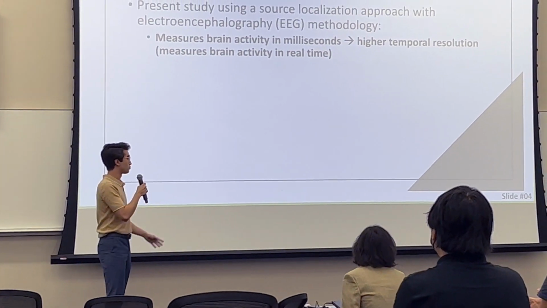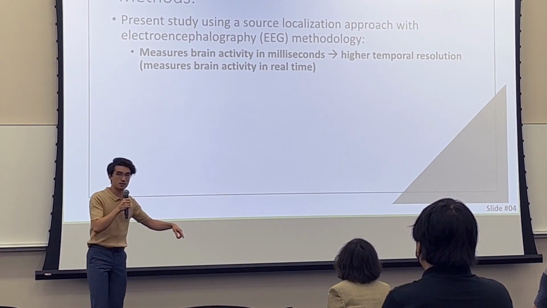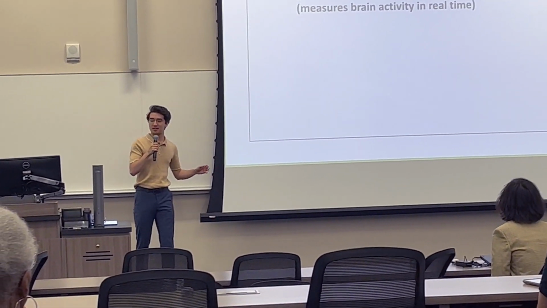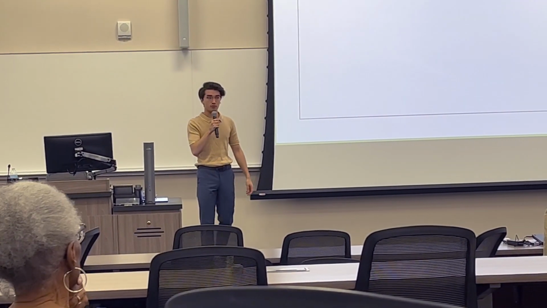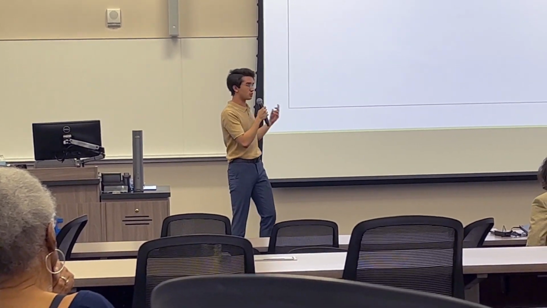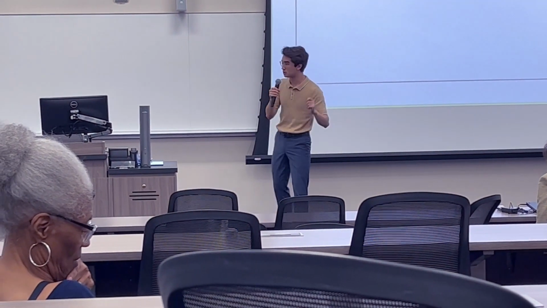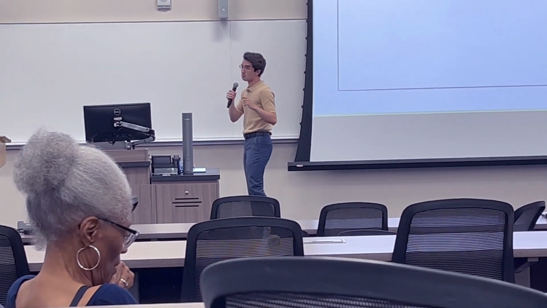Which leads to higher temporal resolution. All that's trying to say is it measures brain activity in real time, which is really important for us, because when you think about it, cognitive processes happen in a matter of milliseconds. And so we really need a brain scan measure that's able to keep up with it.